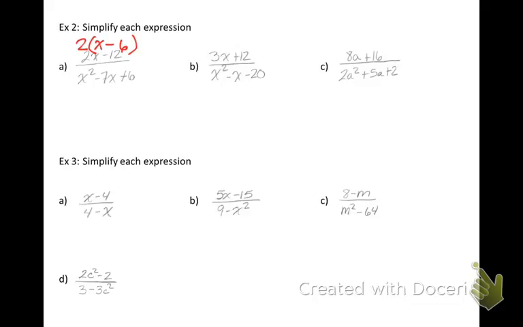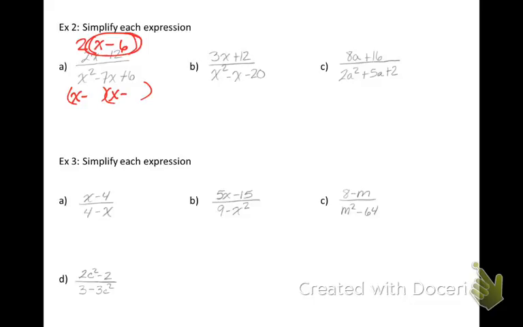Okay, on the bottom, if you have s squared, that means you're going to have 2 sets of parentheses. I'm going to give you a hint. If you have a parenthesis up on top that looks like x minus 6, big chance you're going to have it on the bottom. So I'm going to put x minus 6.